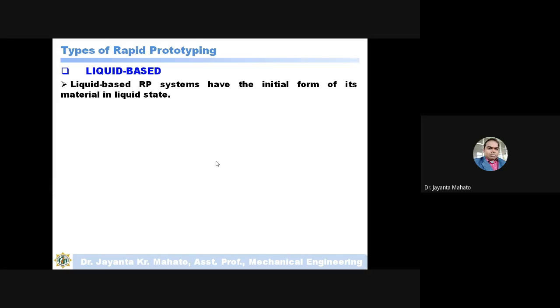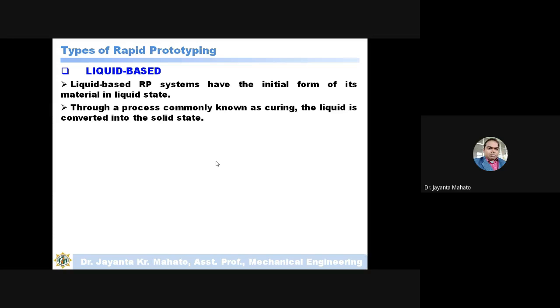So different types of rapid prototyping are there. One is liquid based. In a liquid based rapid prototyping system, the initial form of the material is in a liquid state. Through a process commonly known as curing, the liquid is converted into a solid state.